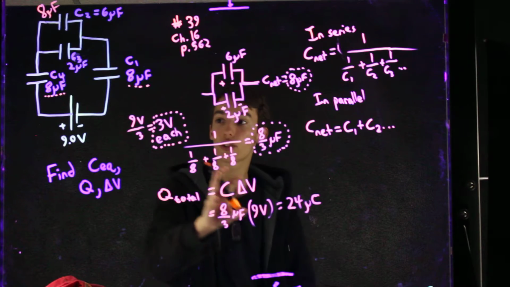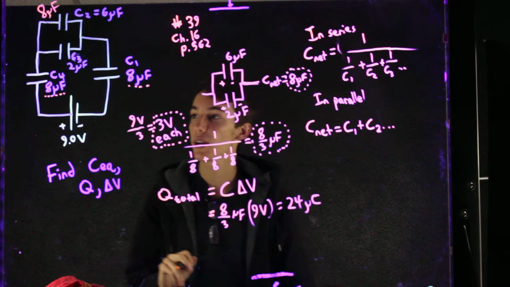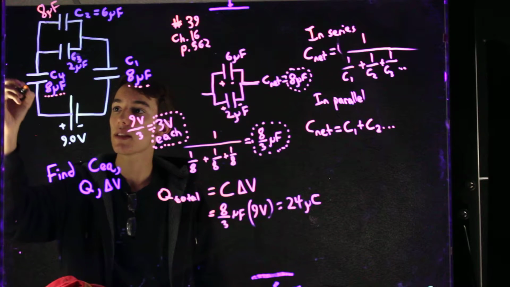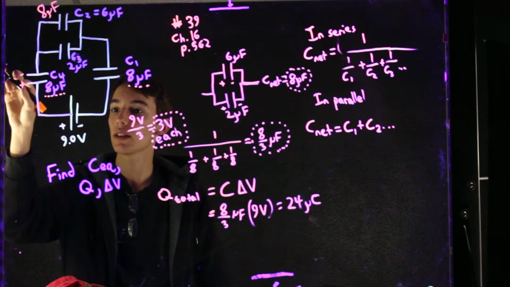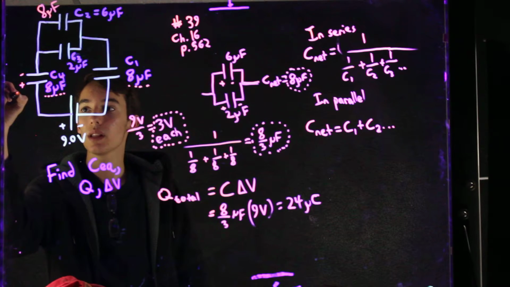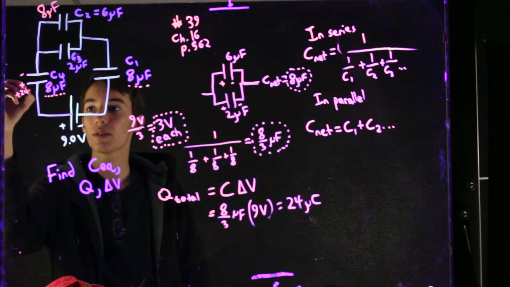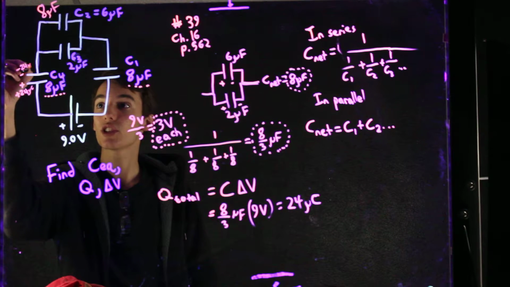And so since in total 24 microcoulombs of charge was transferred, that means that on this capacitor right here, this side's going to become plus, and this side's going to become minus once it's connected to the battery, that there's going to be plus 24 microcoulombs of charge here, and minus 24 microcoulombs of charge here.